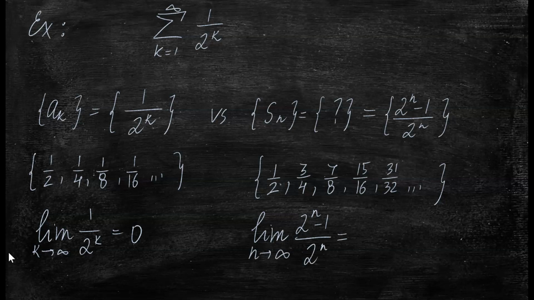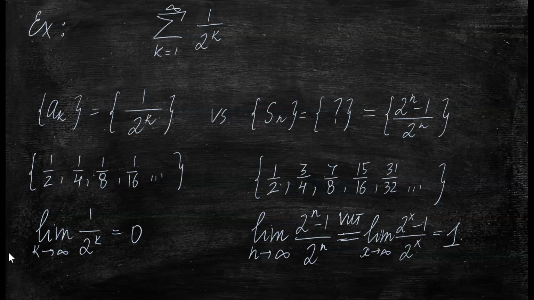We can use the very useful theorem from one of the previous lessons and consider the limit of the following function. And at this point we can use L'Hopital's rule or anything else, but it should be pretty easy to show that this limit is equal to 1.